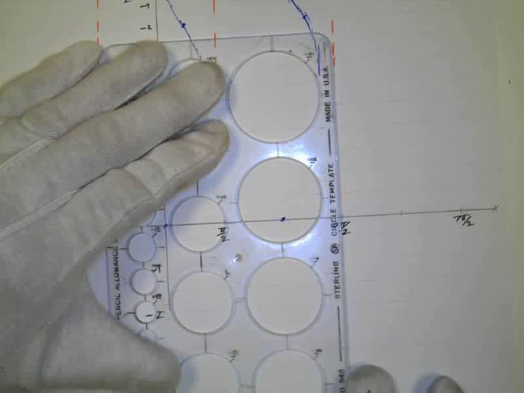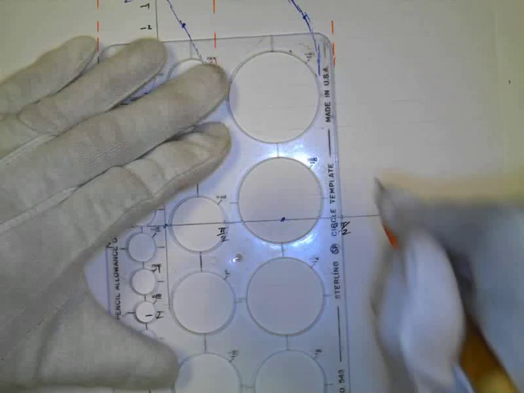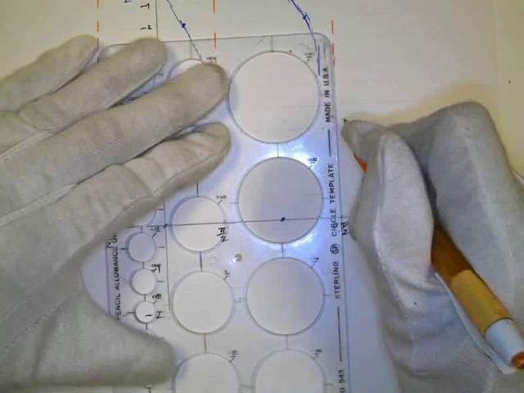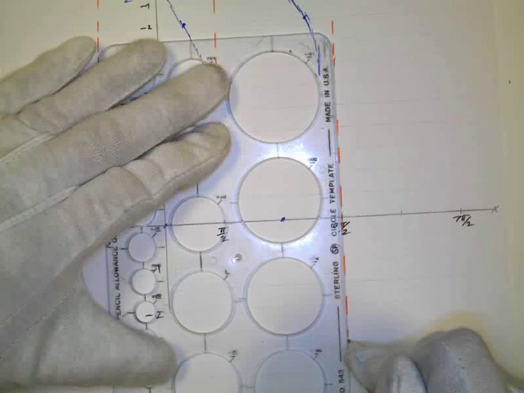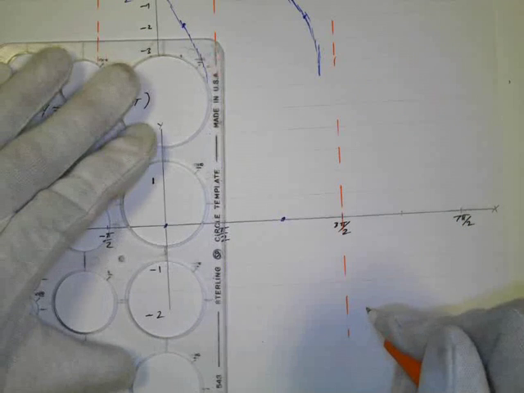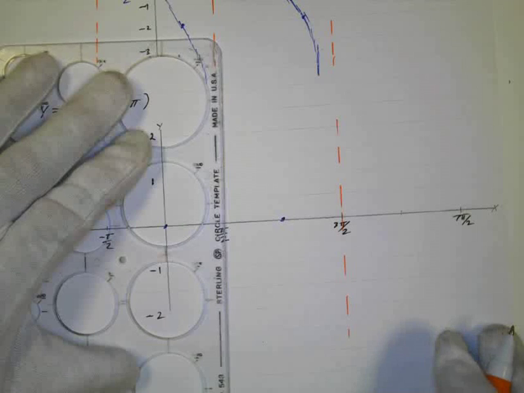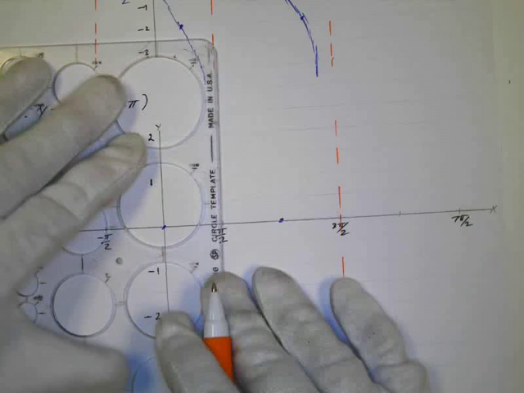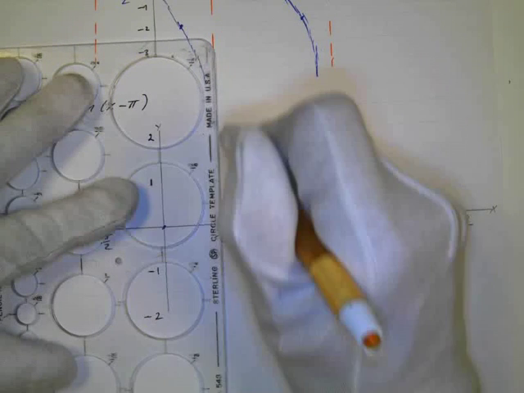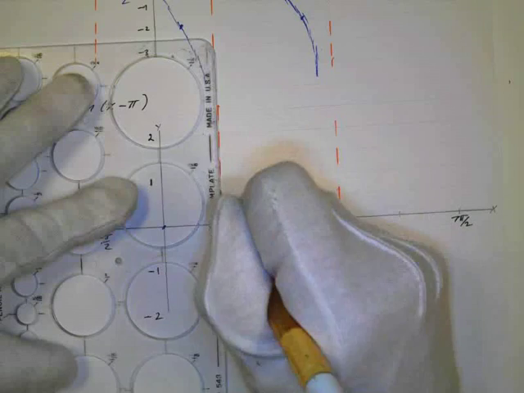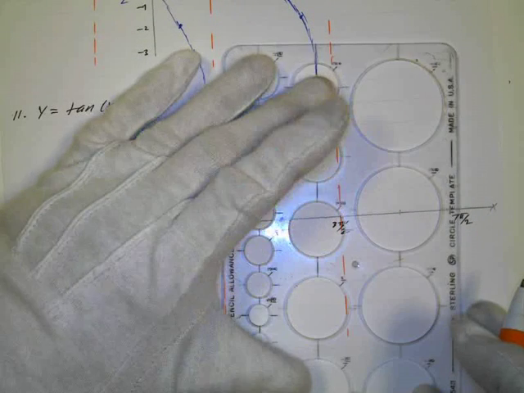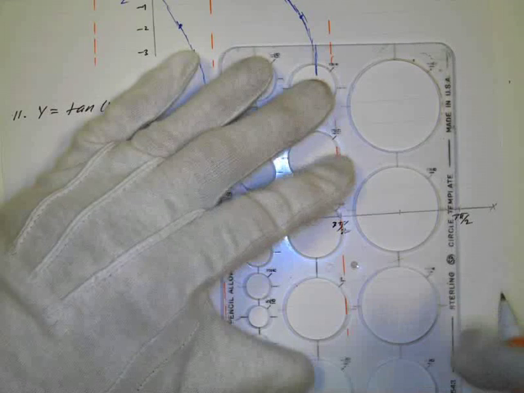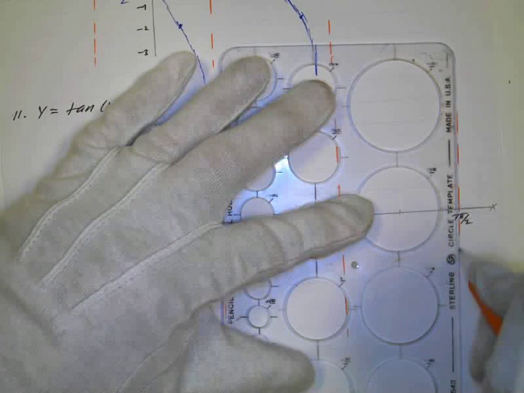This is all pretty easy to do. Keep them vertical. And then I'll put the other one over here for the second period while I'm at it. Got my ruler out. Save a little time.